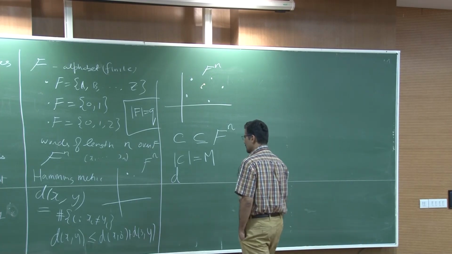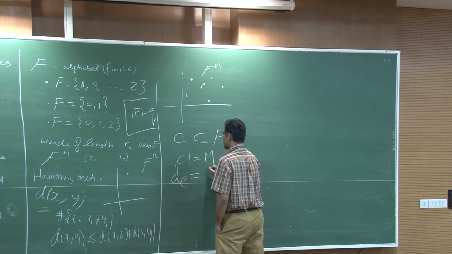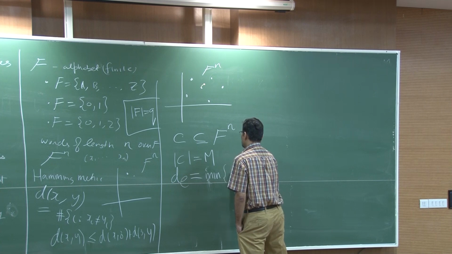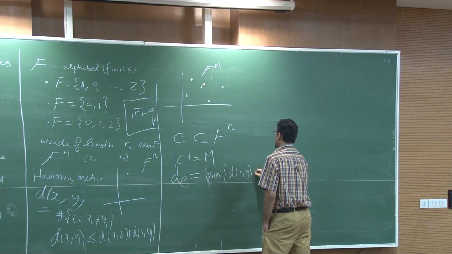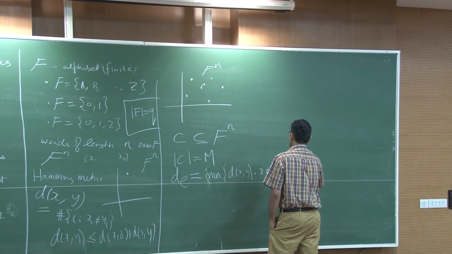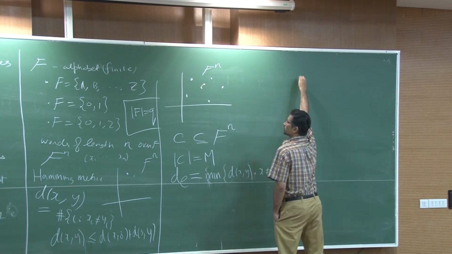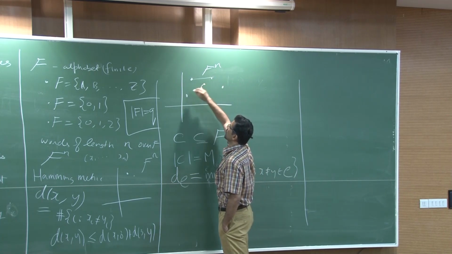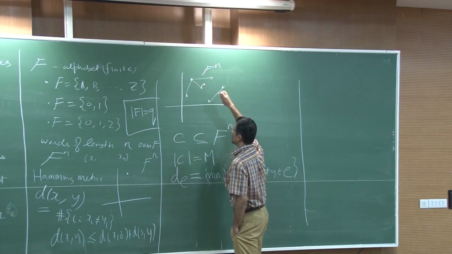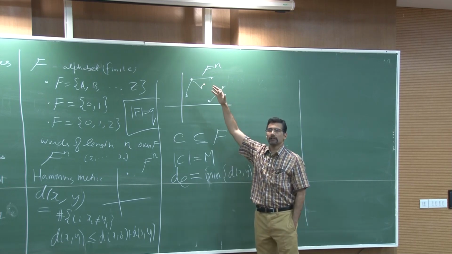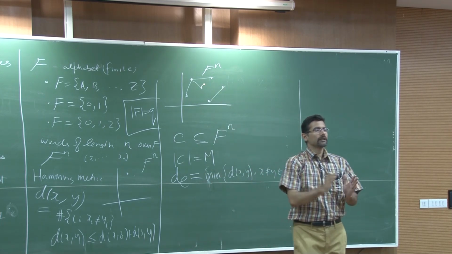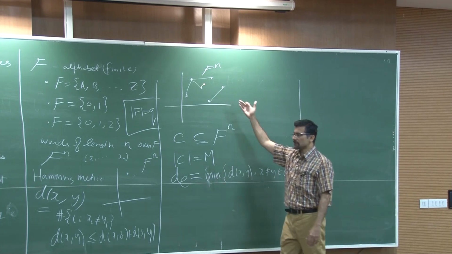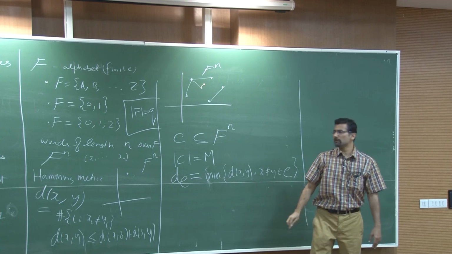Without talking in technical terms, let me just define d_C equal to the minimum of d(x, y), where x is not equal to y in C. In pictures, just draw these pairwise chords. If you have m dots here, there are m choose 2 such pairs. Look at the distance between them, and it will be a positive integer. Look at the minimum.